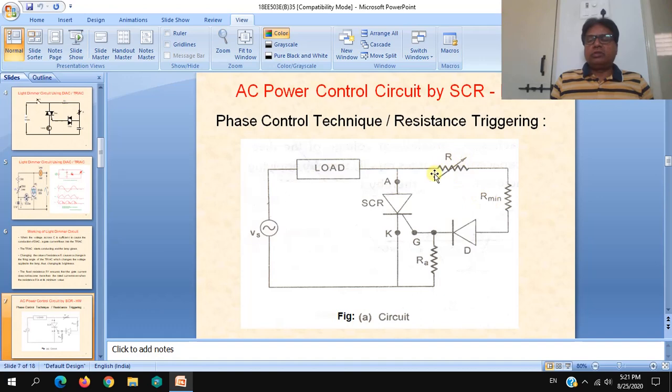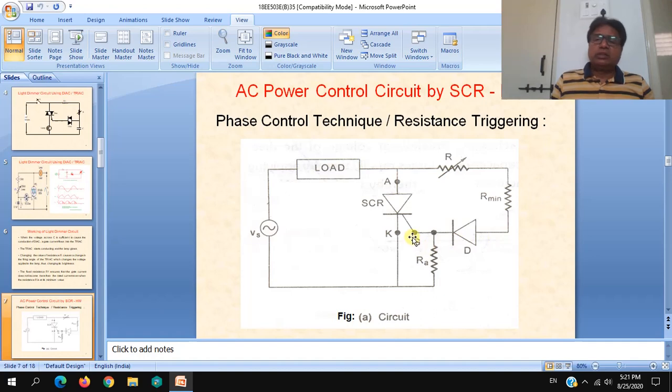When this R is zero, the voltage applied across the diode will be more, or the voltage reaching the diode will be more. So the diode conducts in less time, or the forward breakover voltage will be reached in less time.